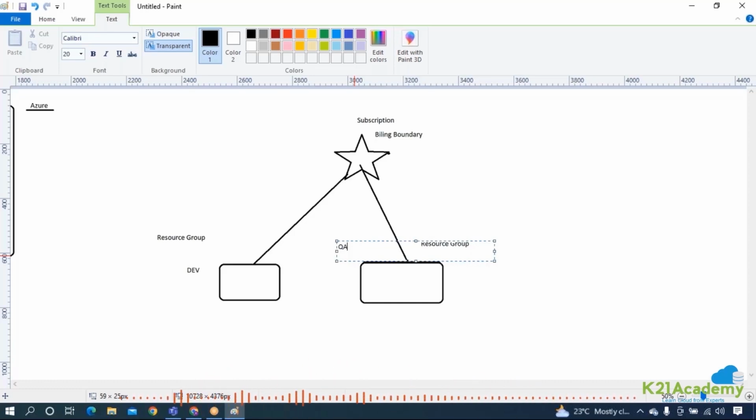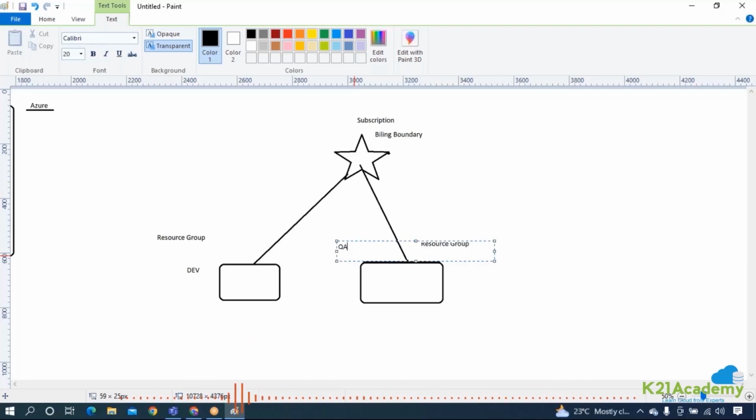What you feel is logical, what your organization feels is logical from their perspective. So when it comes to the logical, it can be on the basis of the location, it can be on the basis of the use cases in the organization, it can be on the basis of the cost management perspective, it can be other perspectives as well. But when we talk about creating a resource group, it's just a logical grouping of the resources.